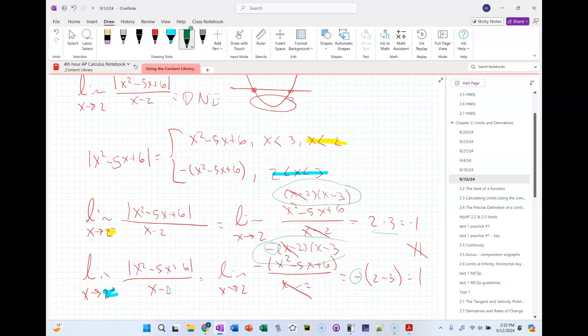Wait, is it like the one with the negative, is that the one that approaches from the bottom? So it's the one 2 from the right, in between 2 and 3. That's where we said it was negative, right? If I'm going 2 from the right, I'm coming from 3 and going to 2. That's in the negative section where it's below the x-axis, right?